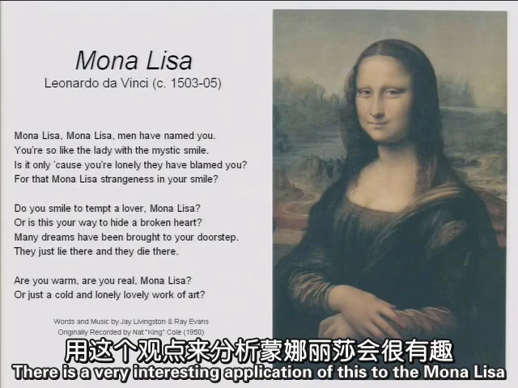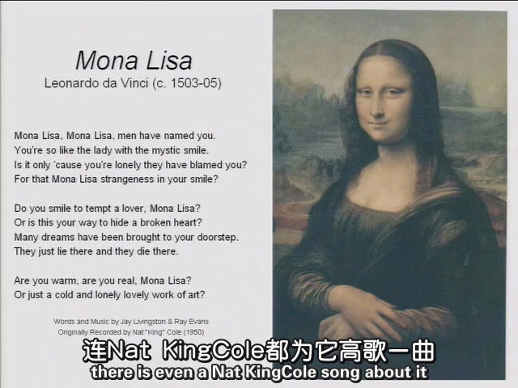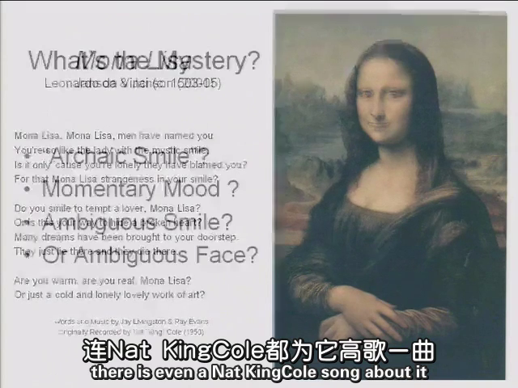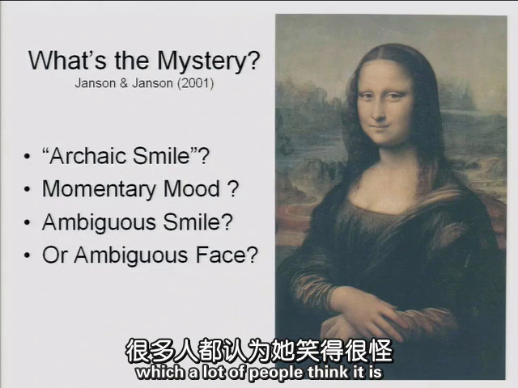There's a very interesting application of this to the Mona Lisa. People have always wondered about this smile. There's even a Nat King Cole song about it. Lots of theories in art history about what makes the Mona Lisa's smile so strange, which a lot of people think it is.